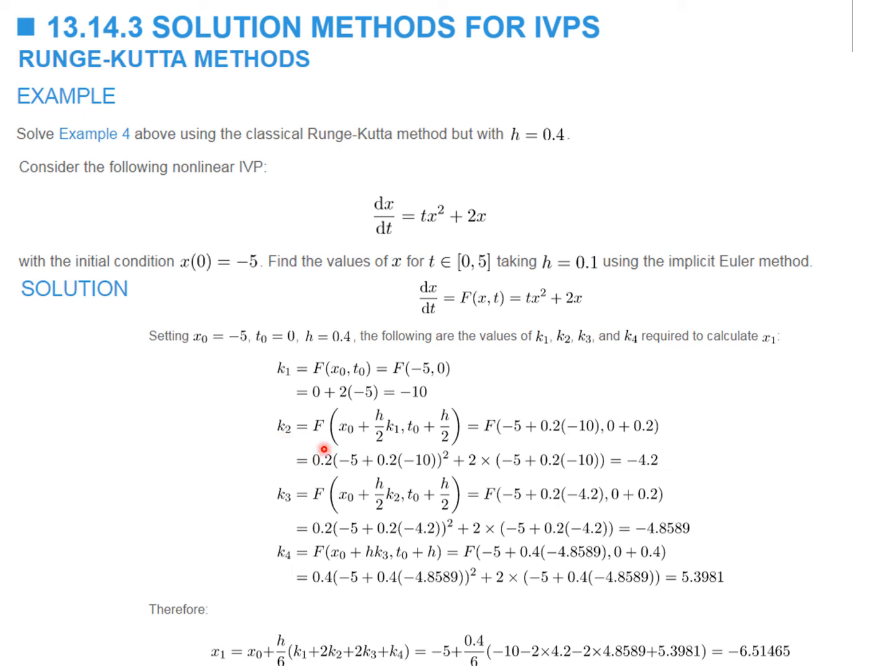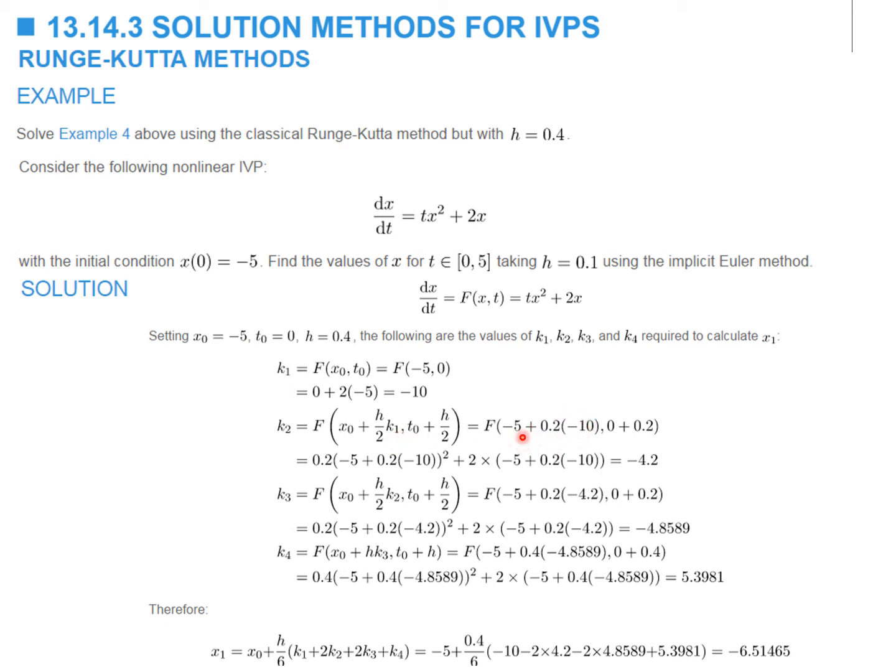k2 is equal to the value of the slope evaluated at x naught plus h over 2 multiplied by k1, t naught plus h over 2. Now x naught is negative 5, h over 2 is equal to 0.2, and k1 we just evaluated as negative 10.